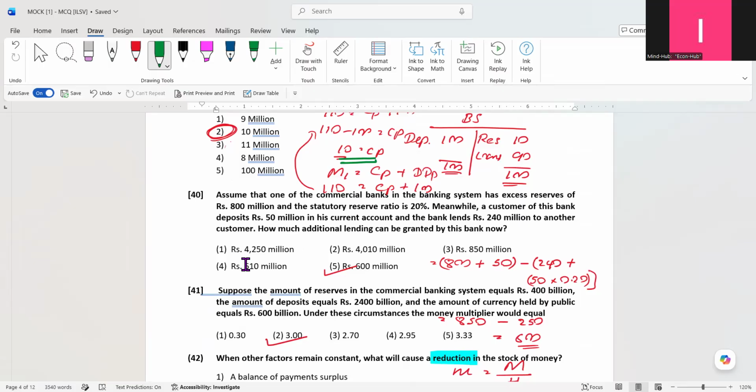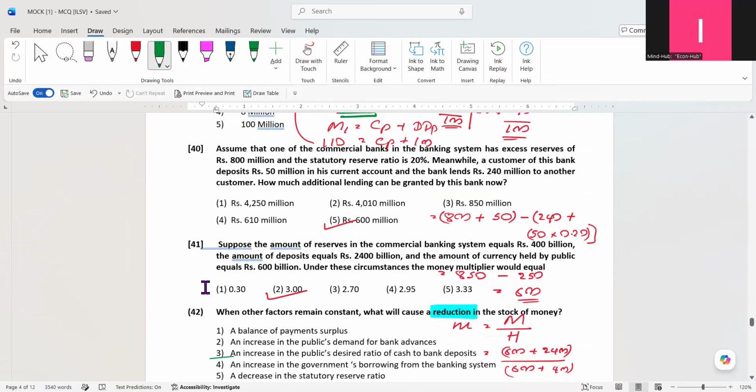If you don't account for that, you will get the incorrect answer, 610, which is wrong. It should be 600. Number 5. The 240 anyway you have to deduct because you're given that as loans already. There are a few ways to get to the 600.